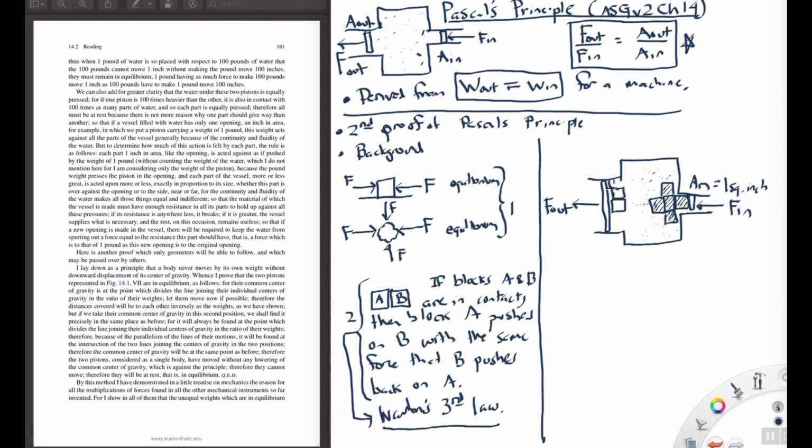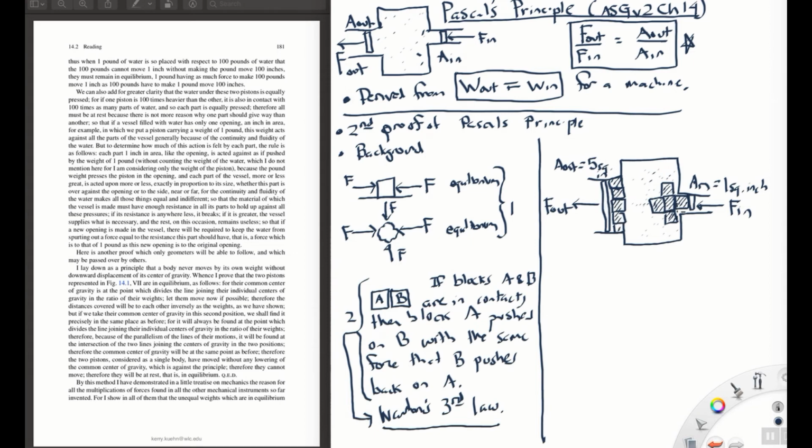Let's suppose this piston is just big enough that 1, 2, 3, 4, 5. Let's say this one has an output area of 5 square inches. That means there are 5 little 1 cubic inch parcels of fluid that are all pushing on this output piston. They're all pushing on each other, and they're all pushing over here on that.